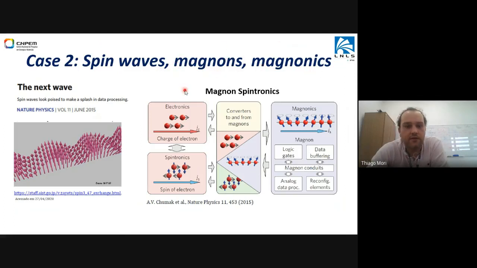So I show you this slide, which I took from this Nature Physics paper about 6 years back, which presents a kind of revival of magnonics, because magnonics has been studied for 5 or 6 decades, but now people are starting to focus on high frequency magnonics.